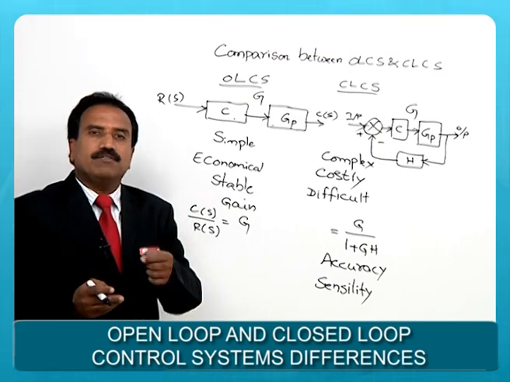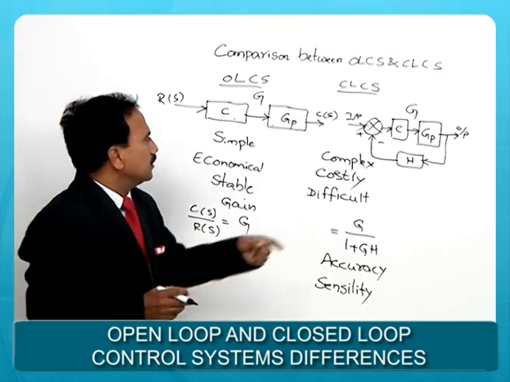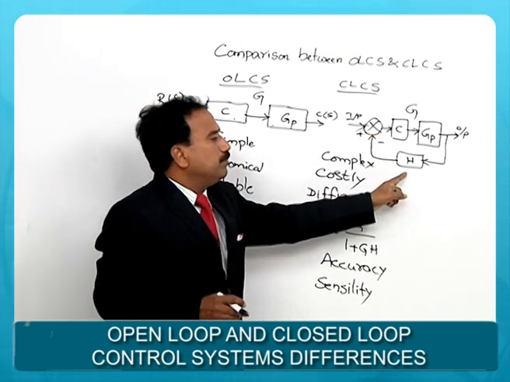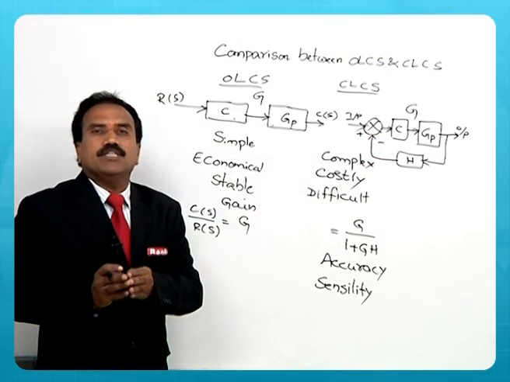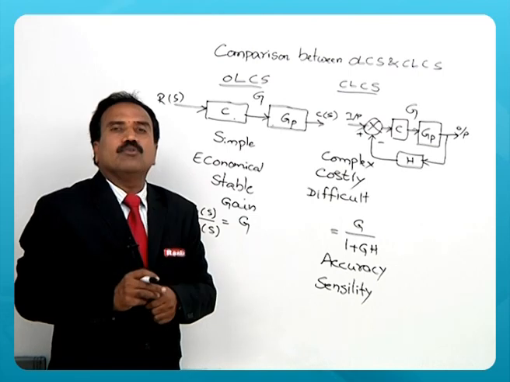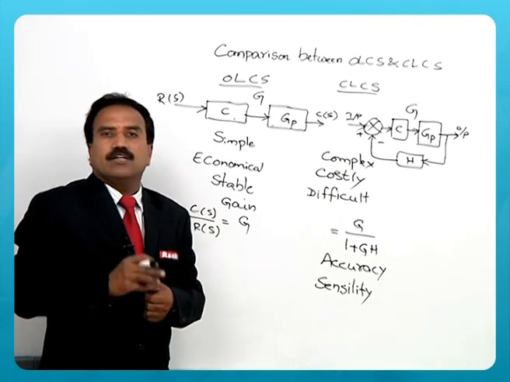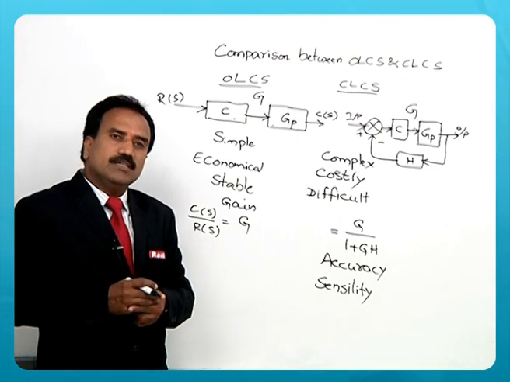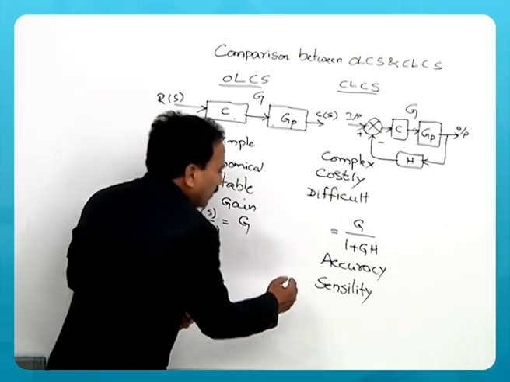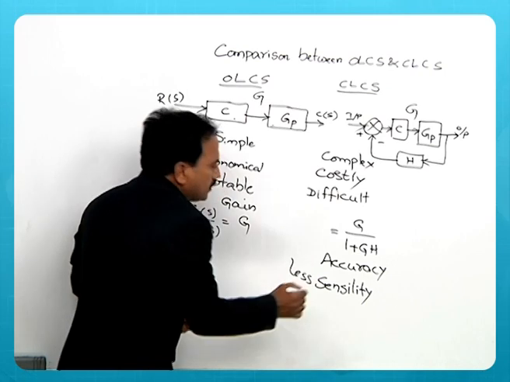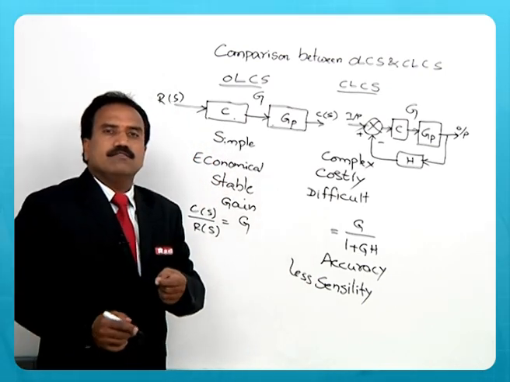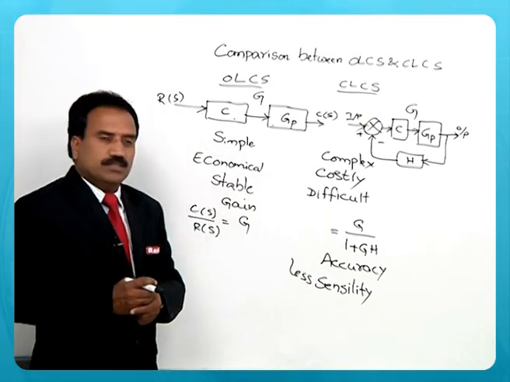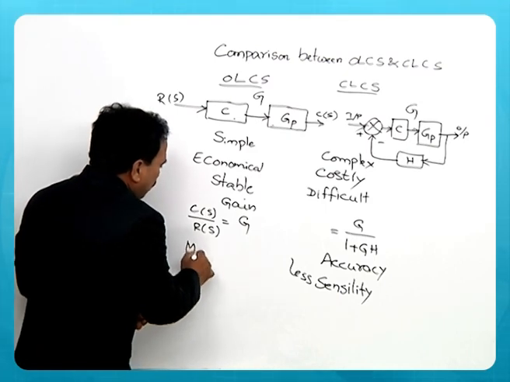So nothing should affect the output. So this controller as well as feedback must be in such a way that the accurate output is obtained irrespective of variations in the parameter. It may be internal or external. So, less sensitive. Closed loop systems are less sensitive to the variations in the parameter.